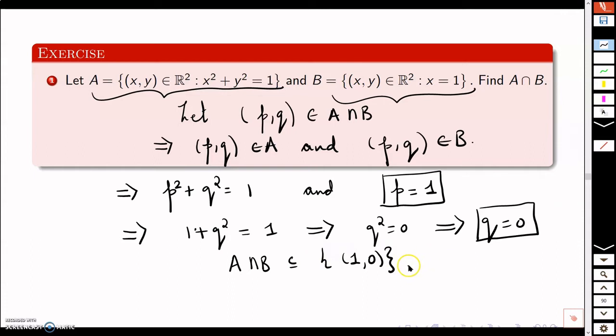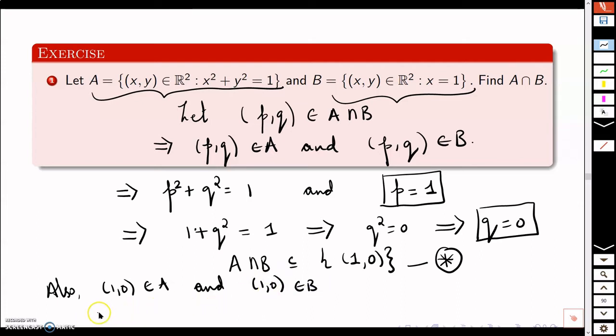Right, so I'll name this star, and now I'll take the point from this set. There is only one point, and that satisfies both the conditions, the condition in A as well as B, right? So I will take (1, 0) and say that it satisfies both the conditions. Also, (1, 0) is in A and (1, 0) is in B also.